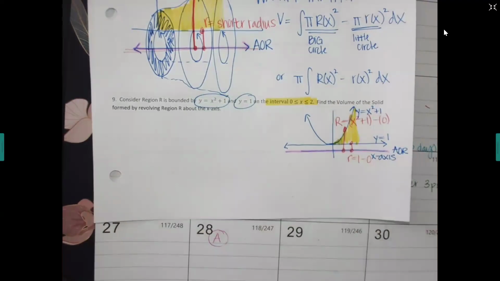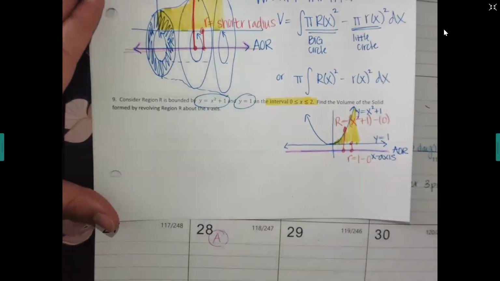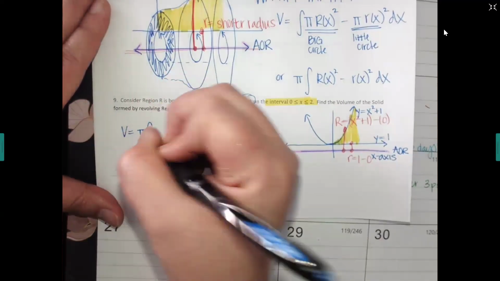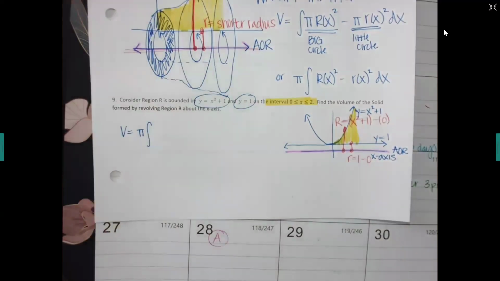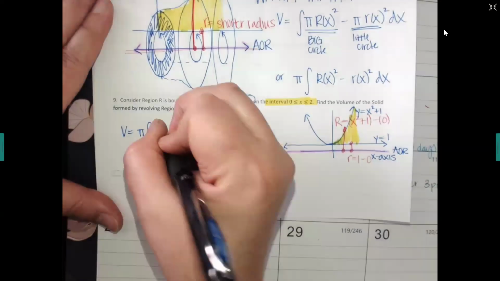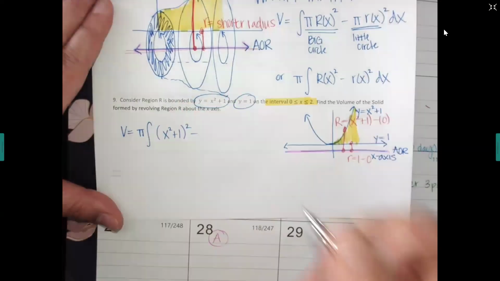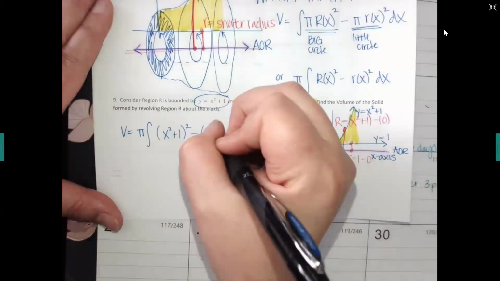And then from there, you're ready to do your formula. So it'll be volume equals pi integral. Remember, we're intentionally putting the pi on the outside so that we don't have to put it twice. It's going to be the big R first, which is x squared plus 1, minus the little r second, which 1 minus 0 is really just 1.